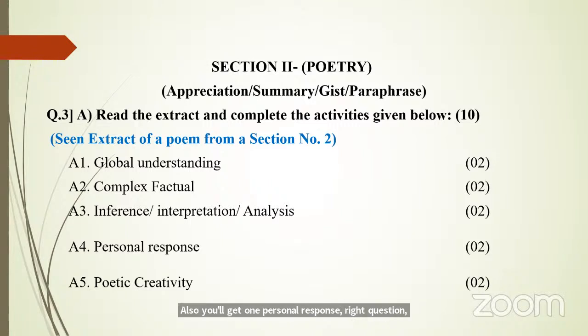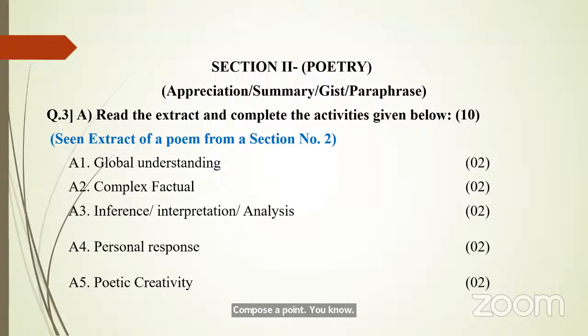For that, few words will be given to you, or maybe they'll give you the figures of speech like simile, and use the simile and compose 4 lines of your own, or 1 line will be given to you and then you have to compose the rest of the 3 lines. So any condition will be given to you. Maybe they'll ask you to compose a poem in a blank verse, free verse, or a rhyming scheme.